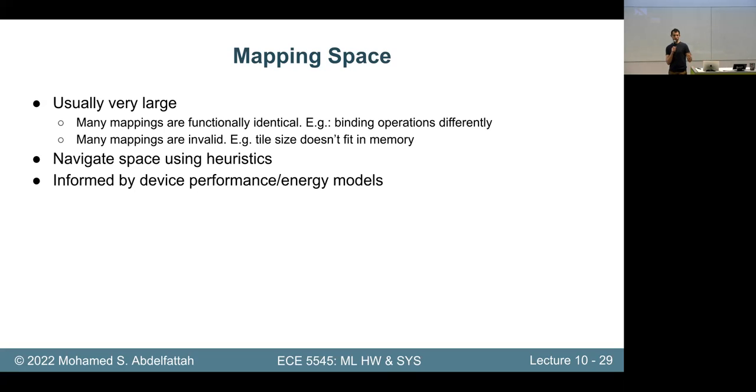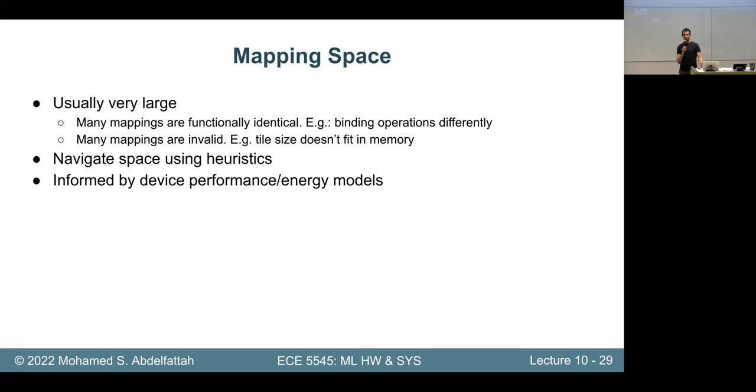It's usually very large because you have all of these options. If we talk about binding alone, like thread binding, if we have 10 operations and we need to bind them to 10 different cores, there are many different ways of doing that. Many of them will be equivalent. So even though you have a really large mapping space, many of them are functionally identical, or even performance-wise they wouldn't make any difference.